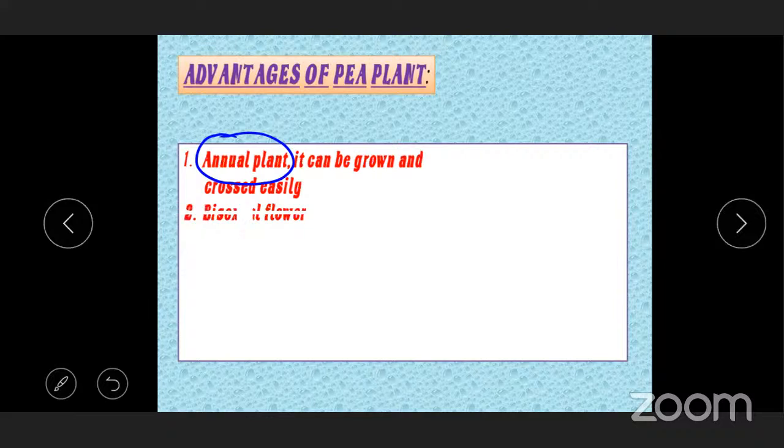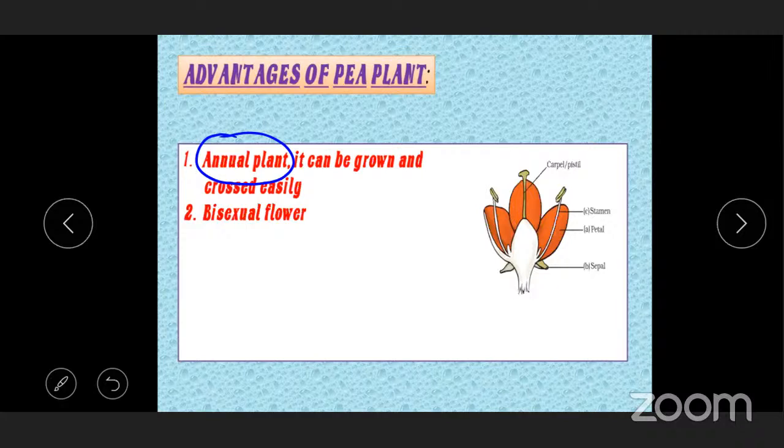And the pea plant has a bisexual flower, because the single flower has stamen and carpel or pistil. The same flower has male and female reproductive parts. That is why the bisexual flower is present.